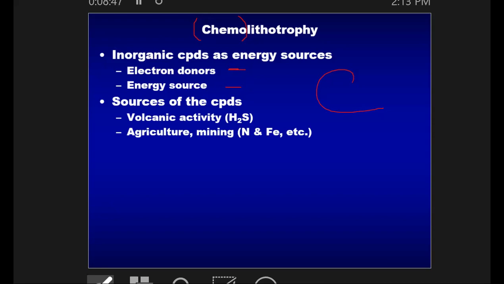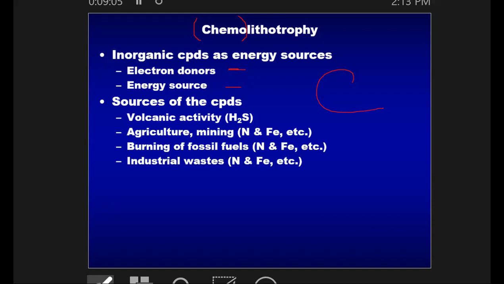All of our agricultural practices, mining practices, we certainly can make it so that microbes have easier access to nitrogen and iron compounds as well as others. Just our action of burning fossil fuels creates inorganic compounds that they can use, industrial waste.